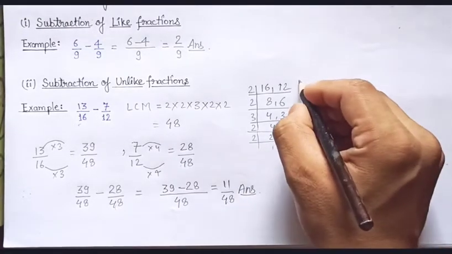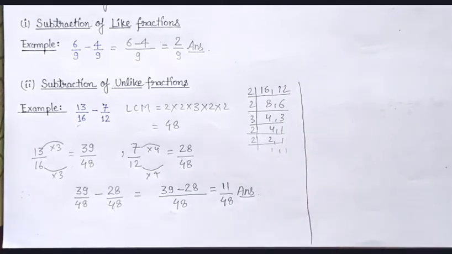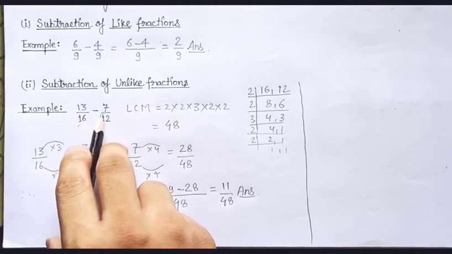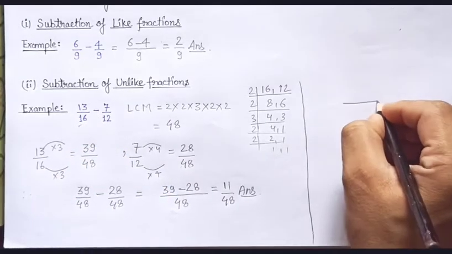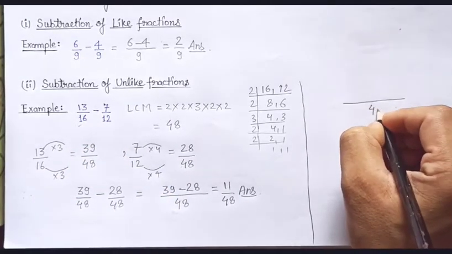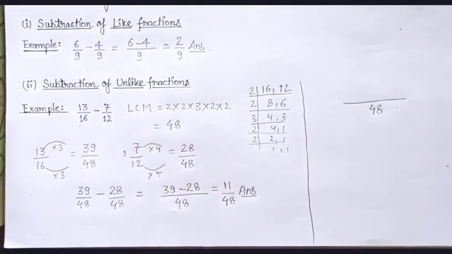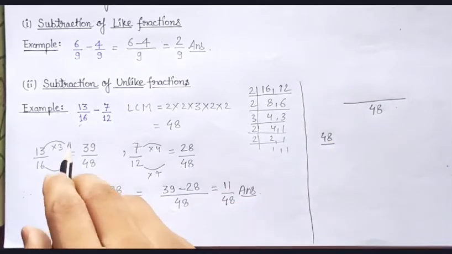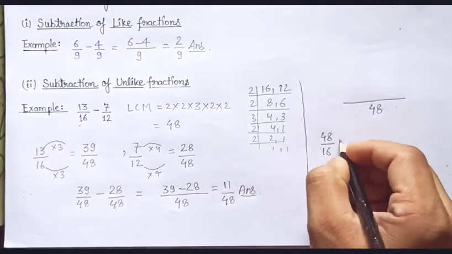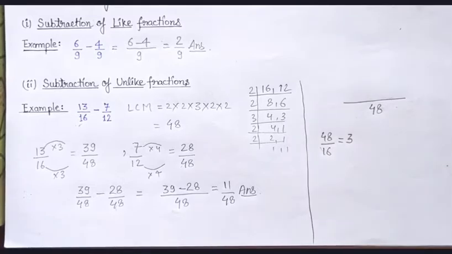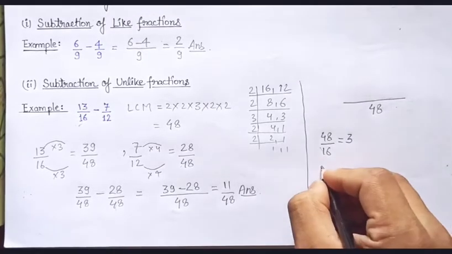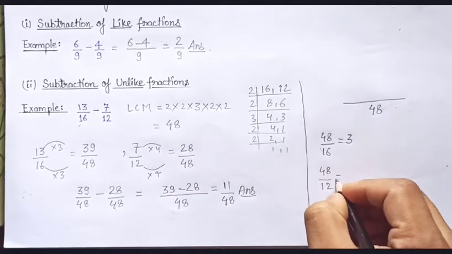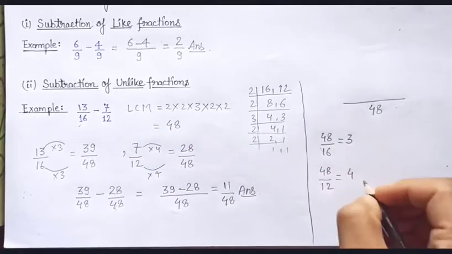Now it can also be performed in a shortcut method. Let us see. You can see that we have to subtract 13 by 16 minus 7 by 12. So we put the denominator as 48, that is the LCM of the denominators. Now when 48 is divided by 16, it gives the quotient 3, and when 48 is divided by the denominator 12, it gives the quotient 4.